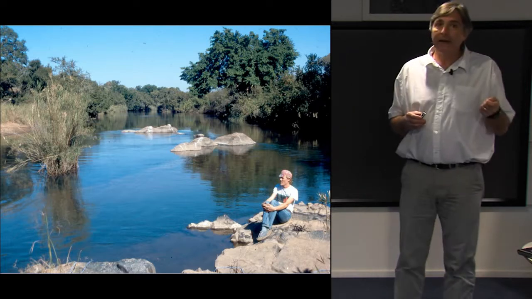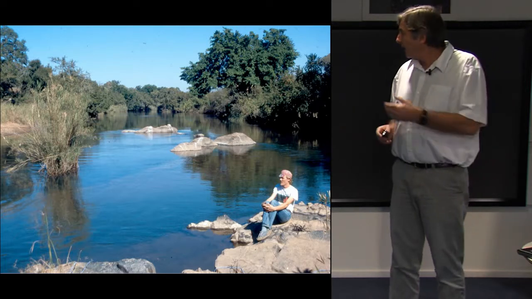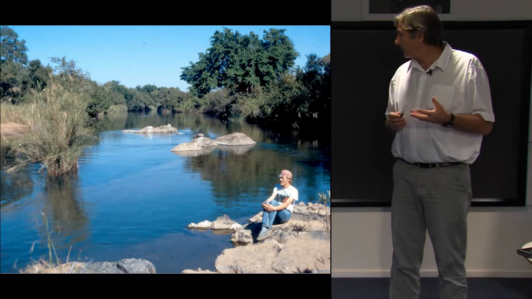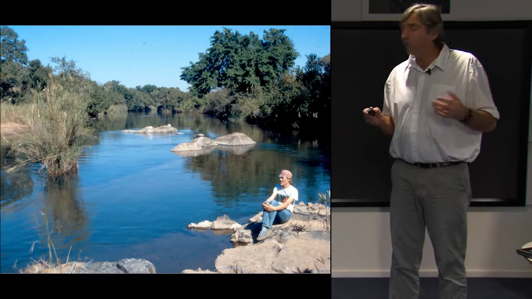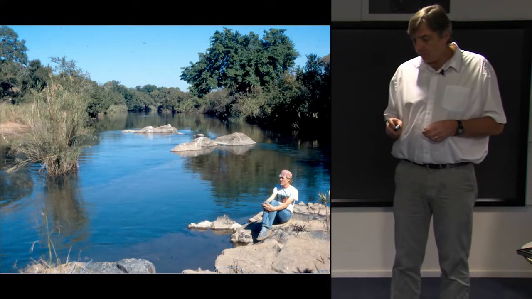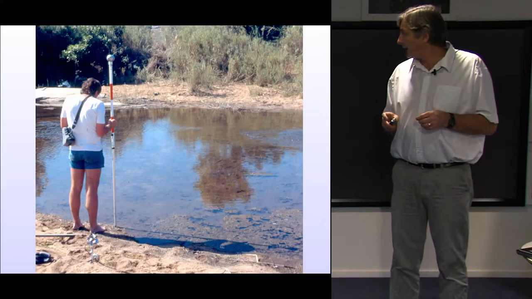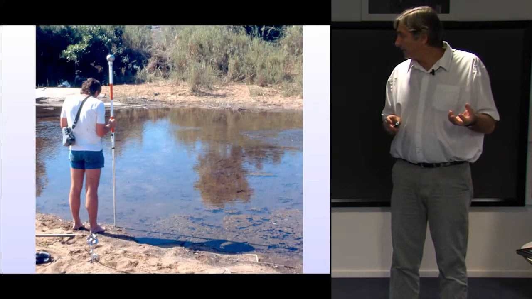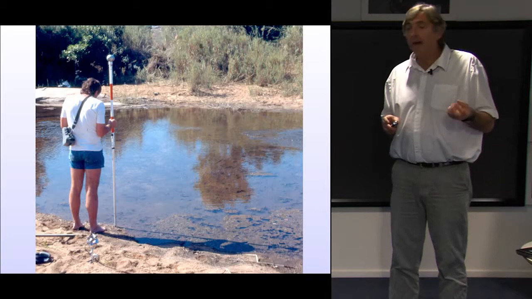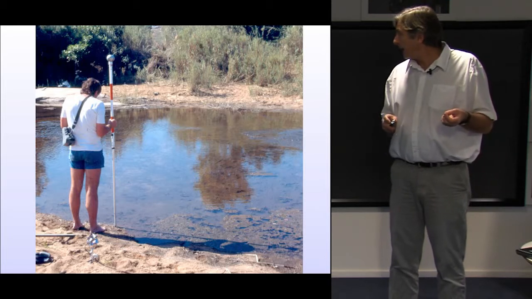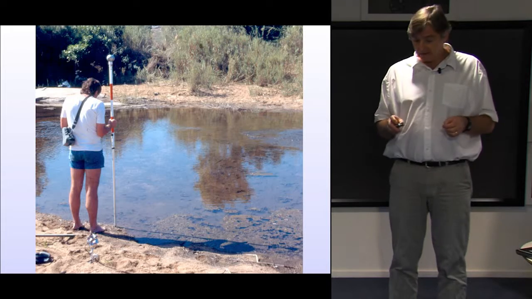So what their hypothesis was, was that you've got these natural bedrock and boulder sections of the river with abundant riparian vegetation gradually changing to these sandy bed sections of the river as sediment is deposited, with reeds consolidating them.